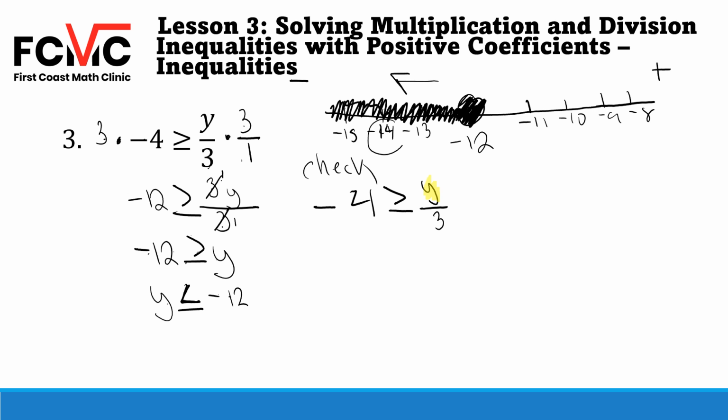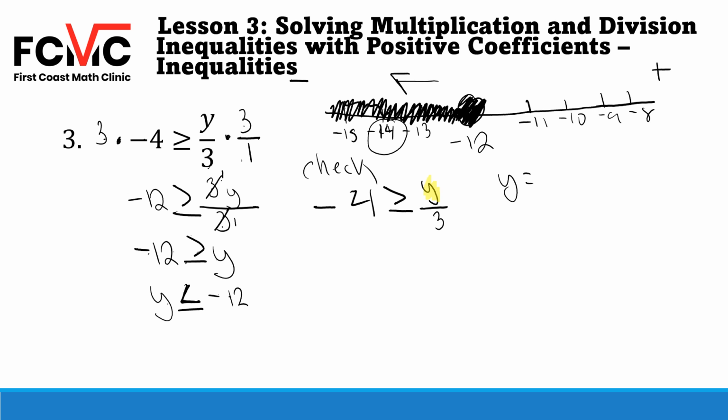Well, negative 14 is in that solution set, but I don't think it would be a good choice, because if I put negative 14 in for y, then I have to divide negative 14 by 3. I'm gonna get a messy decimal. It's not going to work out as clean as I want it to be. So let's pick some values that are easily divisible by my denominator.